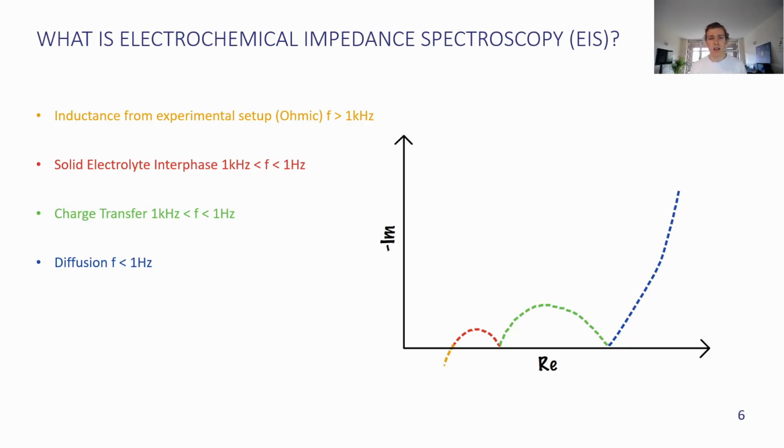Above 1 kilohertz, what you tend to see is some inductive value, which often is attributed to an experimental setup error, i.e. inductance from loops of wire somewhere in your system. The whole graph is also offset by some value, which is the result of some kind of ohmic system. Typically, the circuit equivalent would be a resistor.